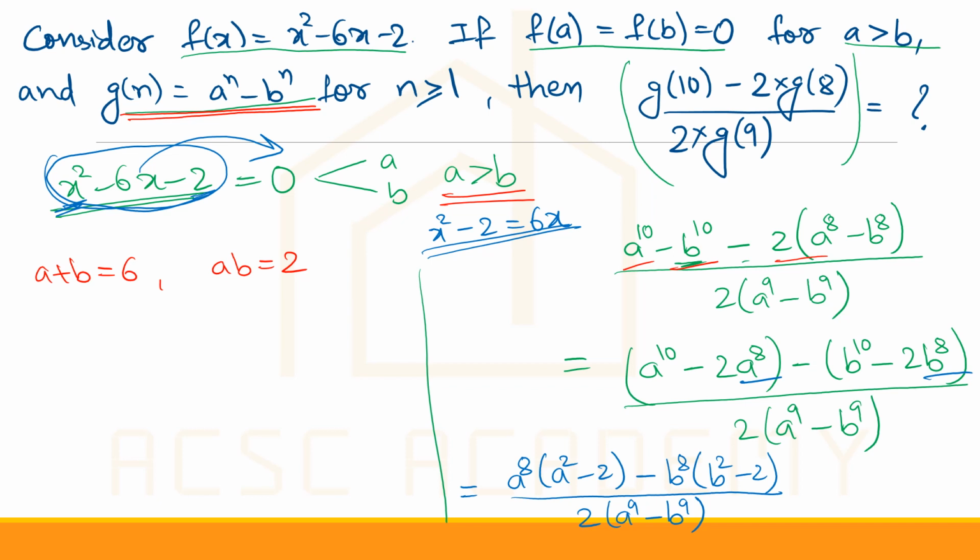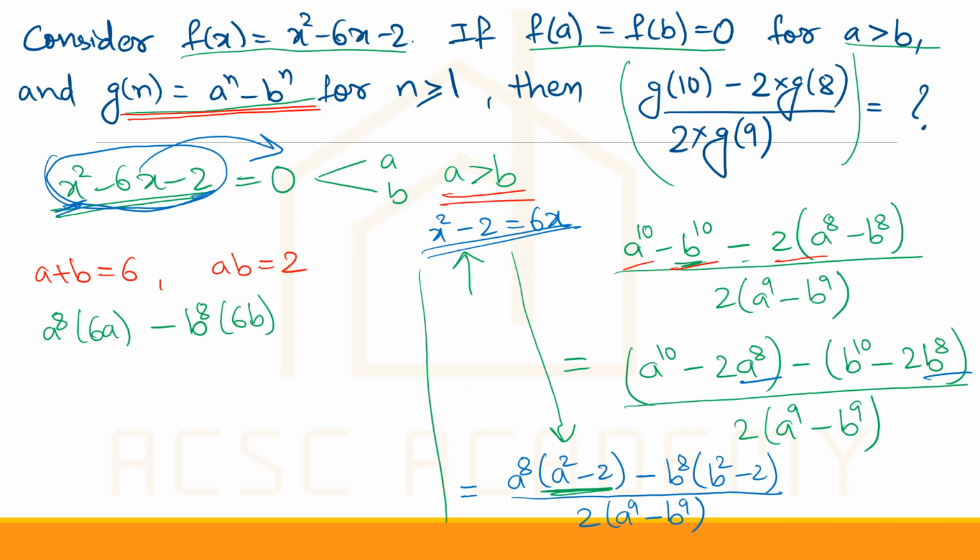So yes, coming back, this is a raised to 8 and we are replacing this a squared minus 2 with 6a. Similarly, b raised to 8 and we are replacing b squared minus 2 with 6b. Yes, we can definitely substitute a and b in this because they are anyway the roots of this equation.